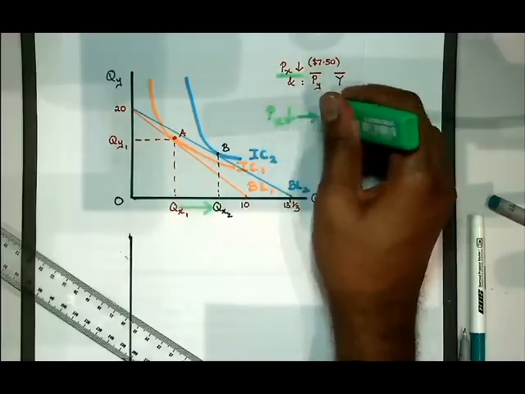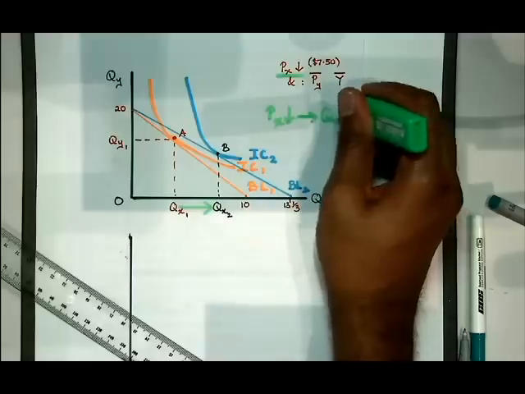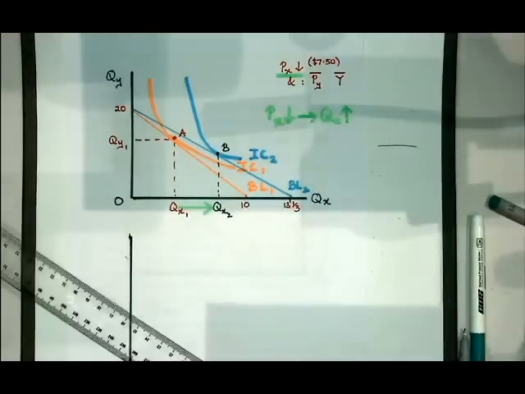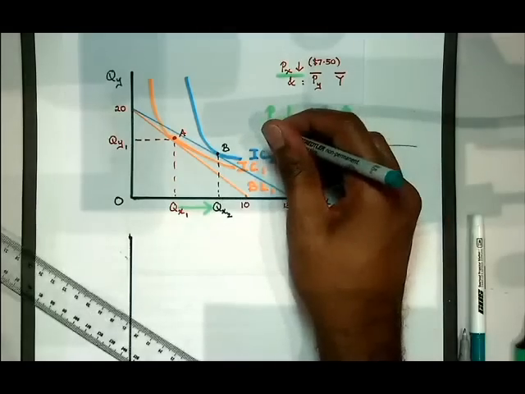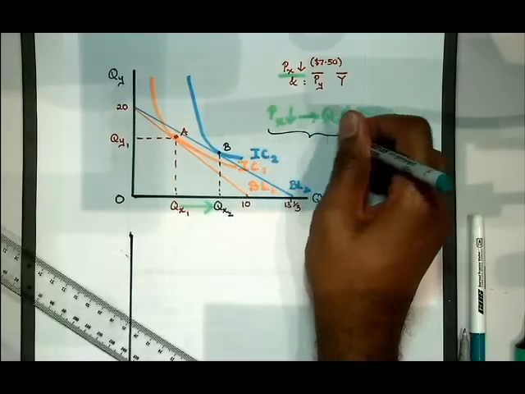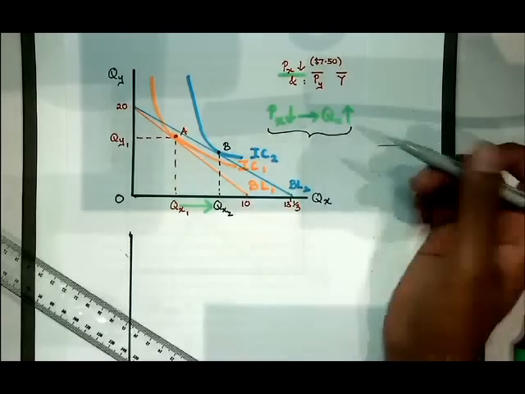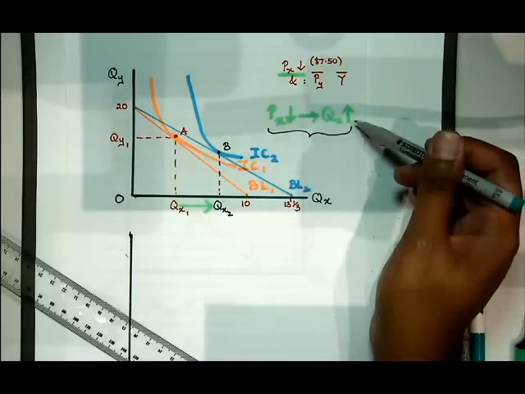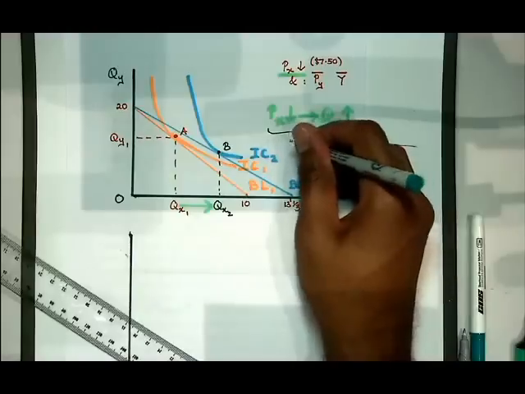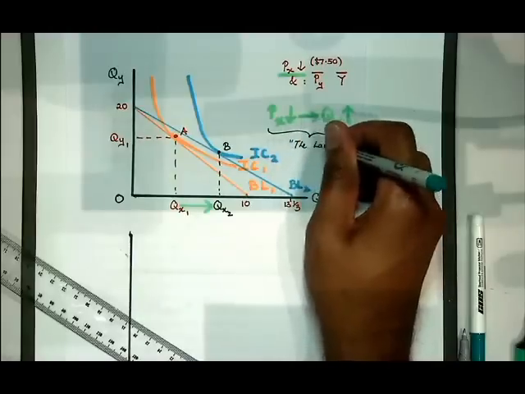The quantity of X went up. This is known as the what? When you see the price and the quantity going in opposite directions, this is the law of demand.